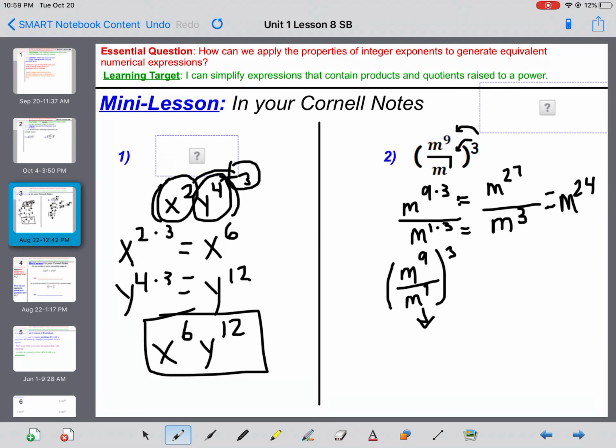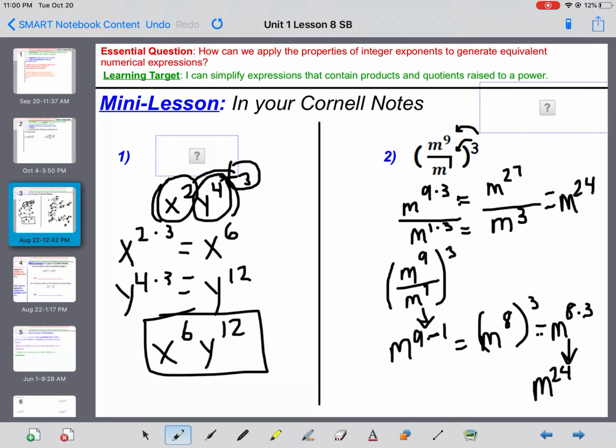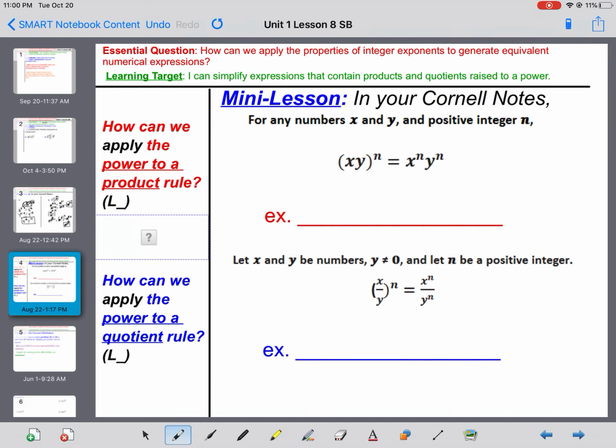Inside the parentheses would be m raised to the 9 minus 1, which equals m to the 8th power, and now that's being raised to the 3rd power, so m raised to the 8 times 3, and that would give us the same answer of m raised to the 24th. So either way, we can simplify that expression.